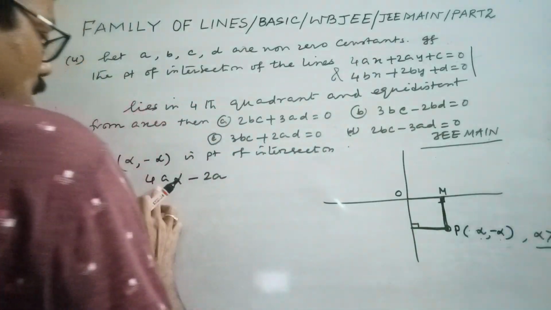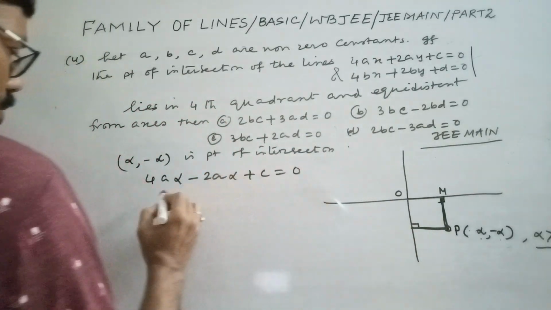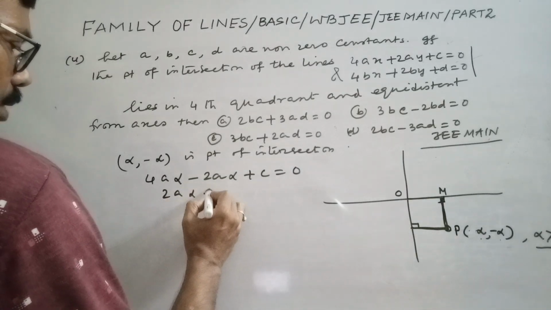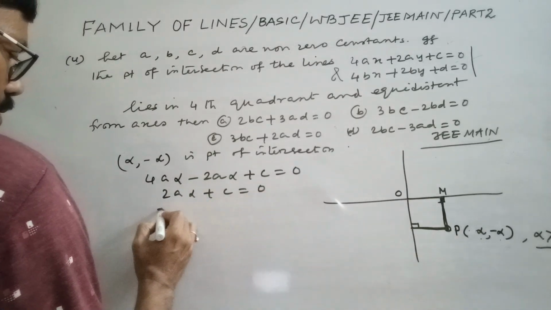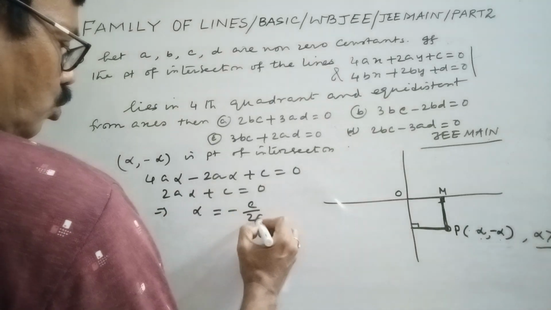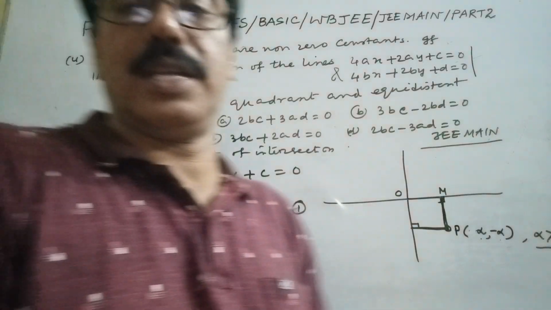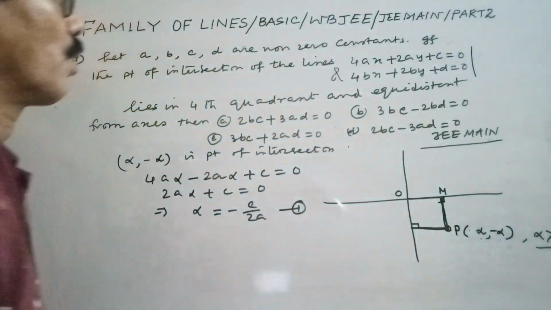So 4a alpha minus 2a alpha plus c equals 0. So 2a alpha plus c equals 0. So what is alpha? Minus c by 2a. Call it 1. So we are getting the value of alpha.